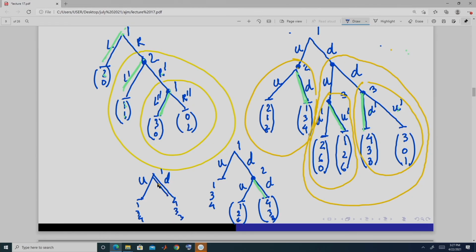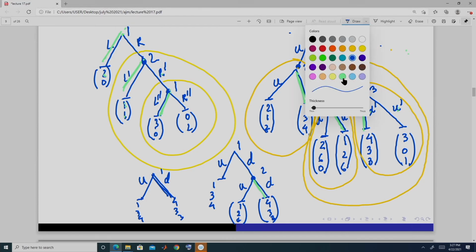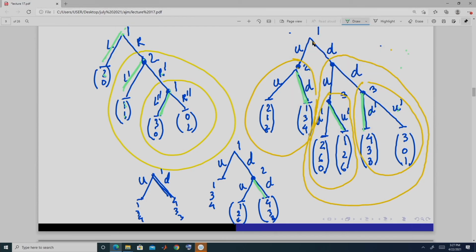So, player 1 is going to choose this. So, in the whole game you can look at it in this way, it is this and it is this.